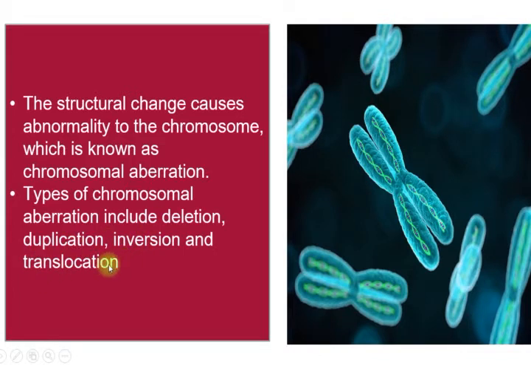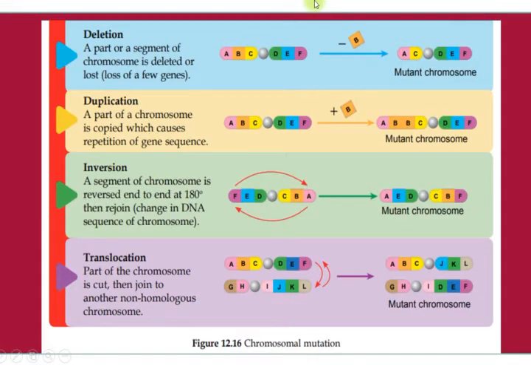What is a chromosomal aberration? It is the abnormality to the chromosome because of the deletion, duplication, inversion, and translocation. Let's go to the types of chromosomal aberration.